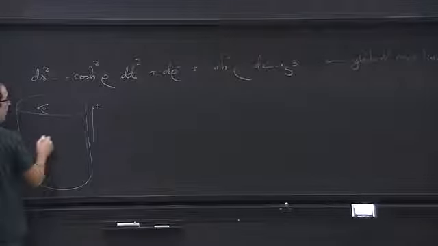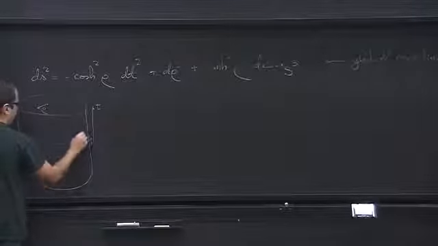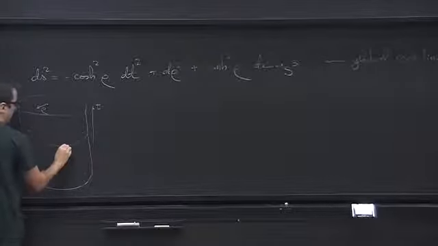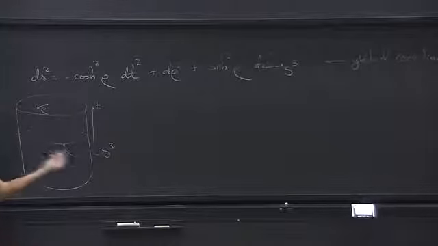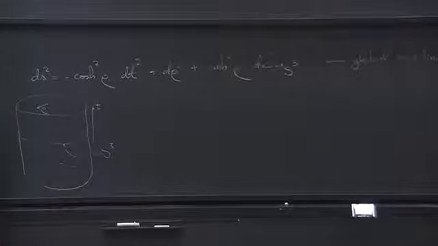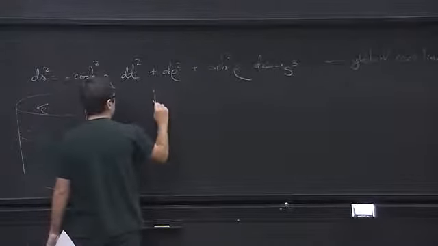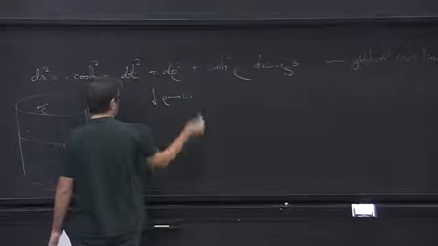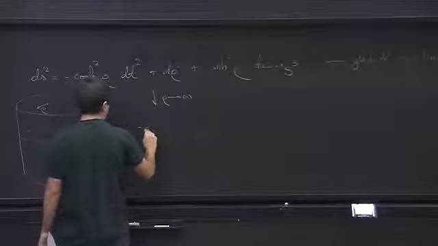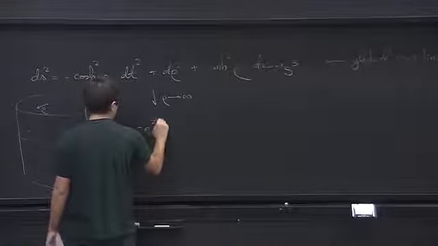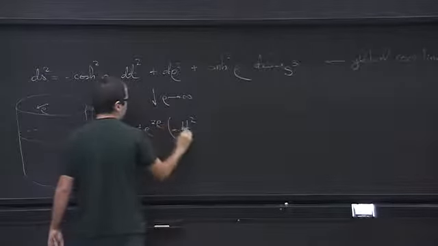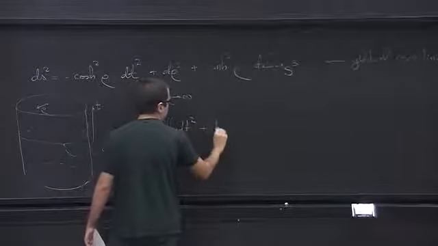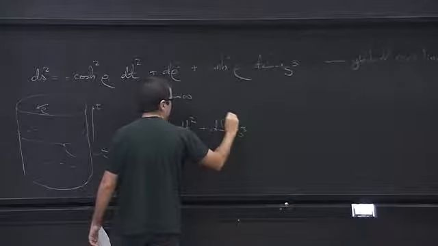And this constant line here represents a 3-sphere. I can only draw an S1, but in higher dimensions you should think of this as a 3-sphere. As rho goes to infinity, this metric becomes e to the 2 rho times minus dt squared plus the metric of a 3-sphere.